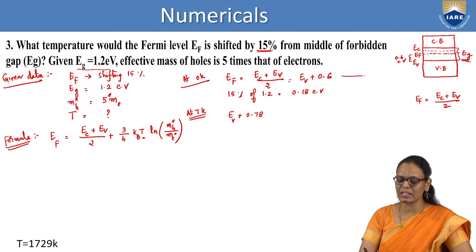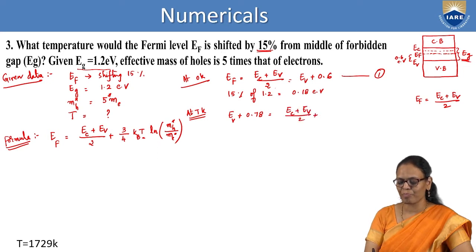I hope you understood. I will take this as equation 1 and this as equation 2. As the temperature increases, it is shifting by 15%, that is 0.18. Actually it is at 0.6, and now it is moving by 0.18. So EV plus 0.78 will be equal to (EC plus EV) by 2 plus 3 by 4 kBT ln (mH by me), where mH is 5 times me, upon me.